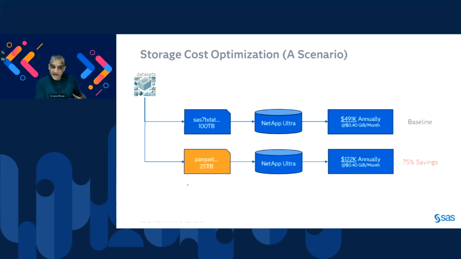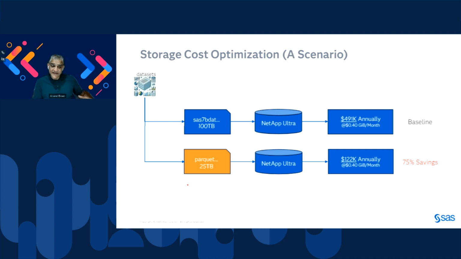as the file format, based on the compression rates that we are observing, because of the way data is stored in columnar format, there are advantages in Parquet in terms of how they encode and compress the data. And I use the same NetApp Ultra infrastructure on the cloud.